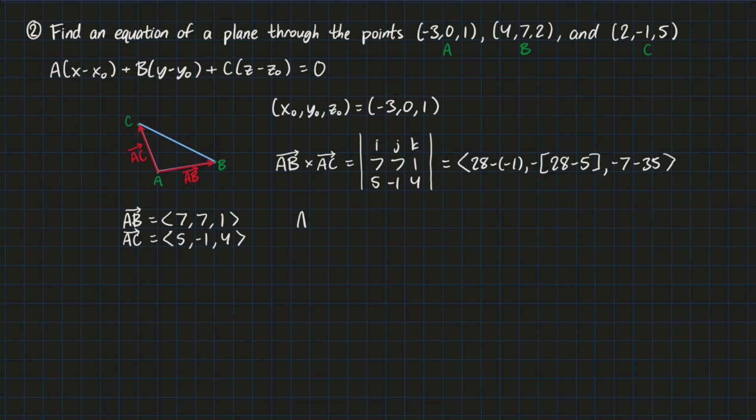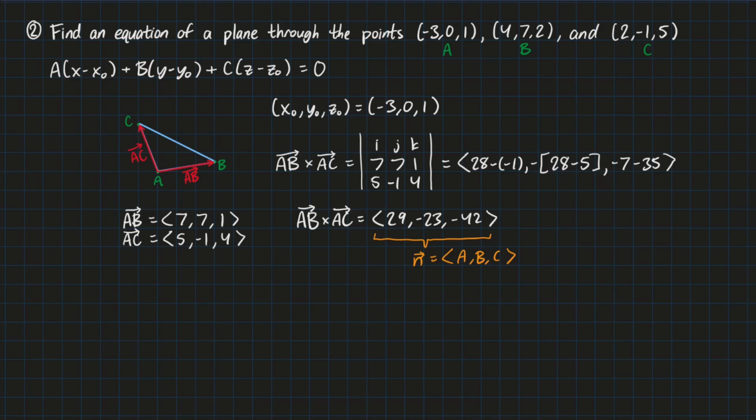So AB cross AC equals (29, -23, -42). This is going to be the normal vector n orthogonal to the plane.